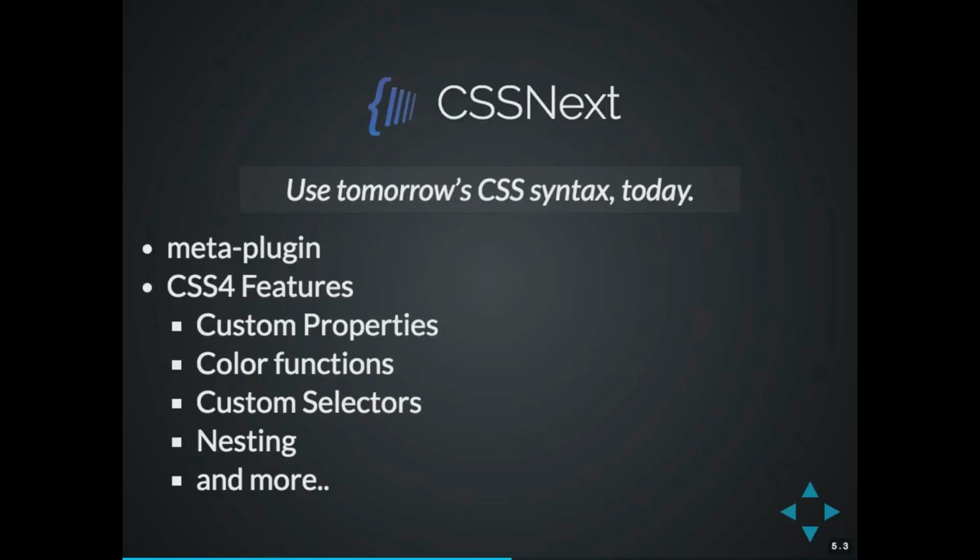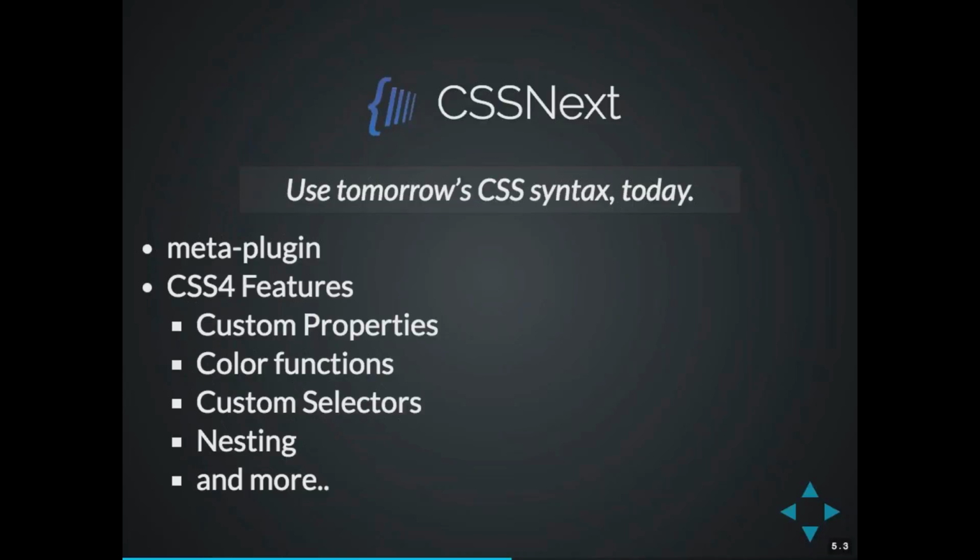One I really like is CSS Next, because it gives you all these nice features of CSS that are not yet supported, but you can write them in CSS, and PostCSS can transpile it into CSS which the browsers will understand.